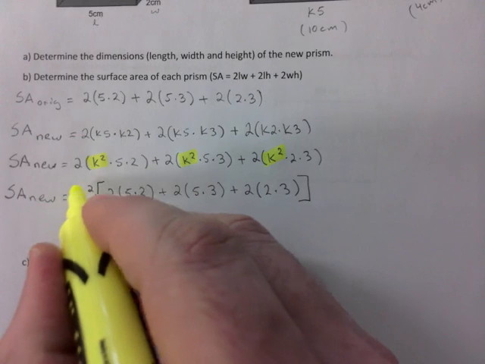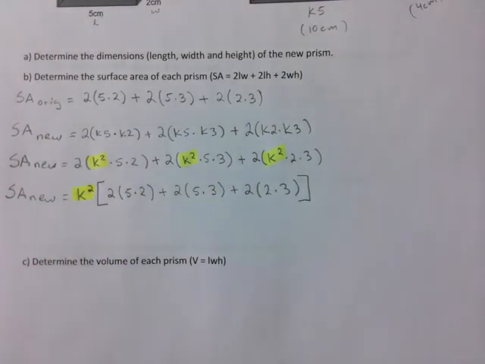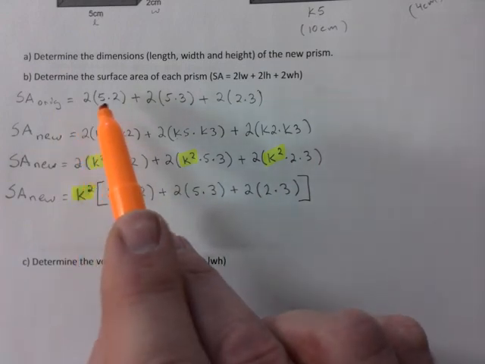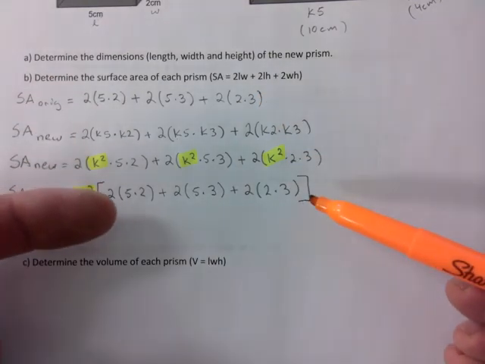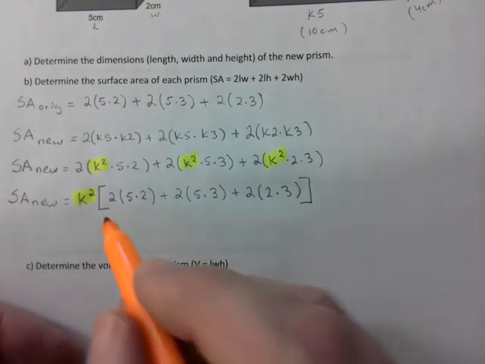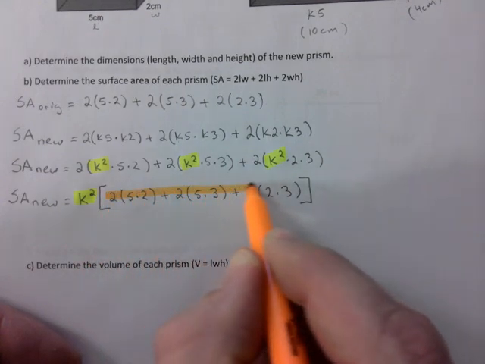So here's our K squared now. It's outside. And look at this part compared to the original. You see that this is copy paste in there? So I'm actually going to do this here.